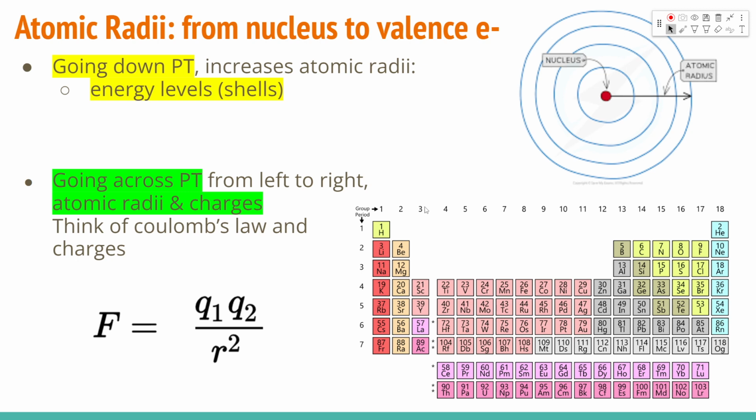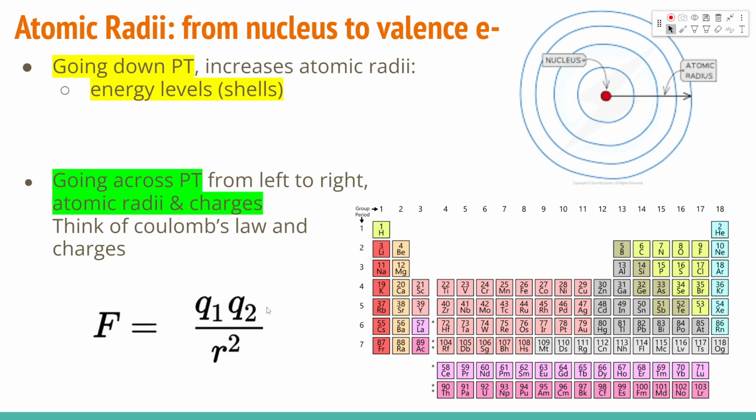And so when I think about going from left to right, my proton number is increasing, so my Q value is increasing, and then my number of valence electrons are also increasing. So because I have more of the opposite attractions, they're going to attract more. And so my attractive force is going to increase a lot because, again, I'm increasing the protons and the electrons.